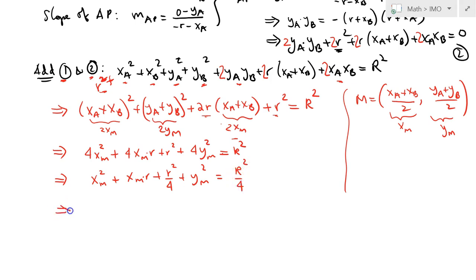And now rewriting this expression, we have xm plus r over 2, squared, plus ym squared is equal to r over 2 squared.